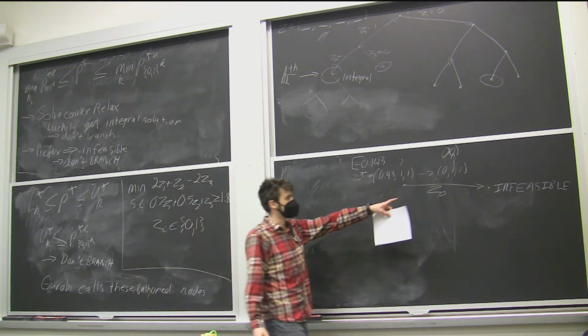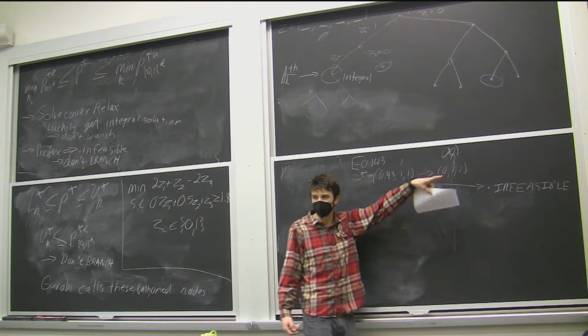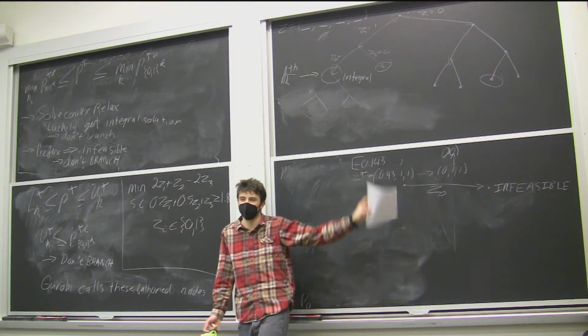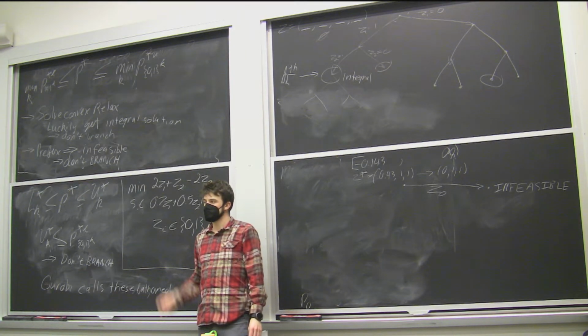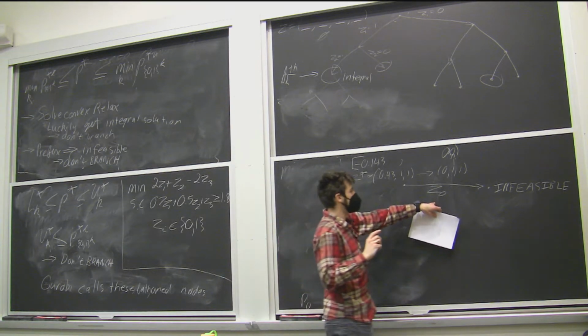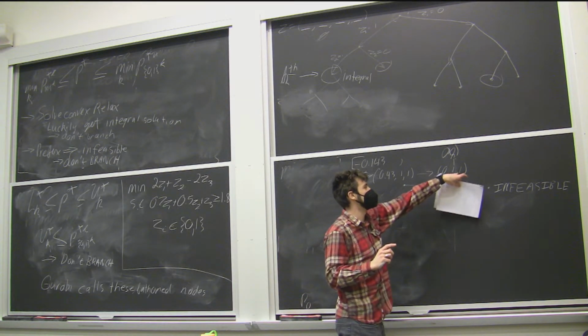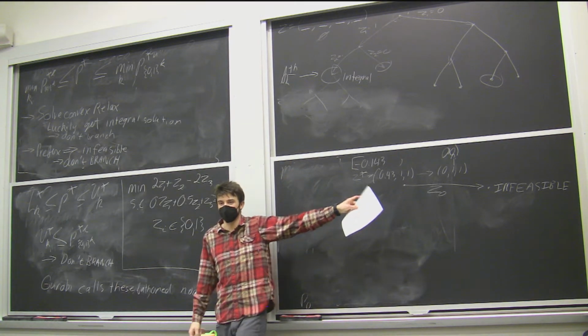Well, when I rounded, the first index was 0, and I knew that was infeasible. So did I still need to go down the branch? Someone said yes. That is the correct answer, right? Because even though this index matched, maybe 0, 0, 0 is feasible. Turns out not to be, and so I don't need to keep going down this.